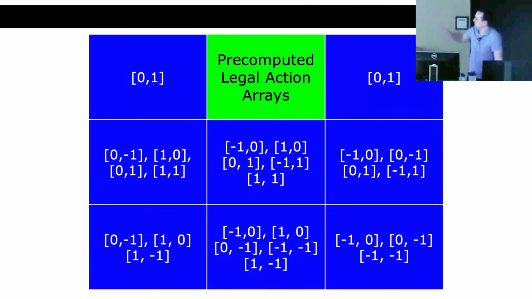You could make another array the size of the environment, and each cell of that holds a list of all the actions that are legal. So now, instead of iterating over all 8 possible actions to check if they're legal, you can just iterate over the actions that you know are legal. So this saves a lot of time as well.